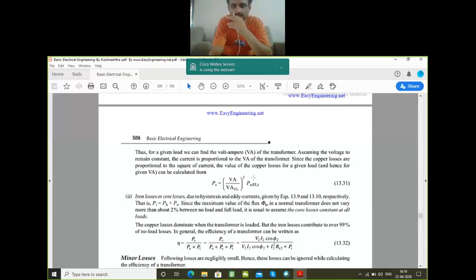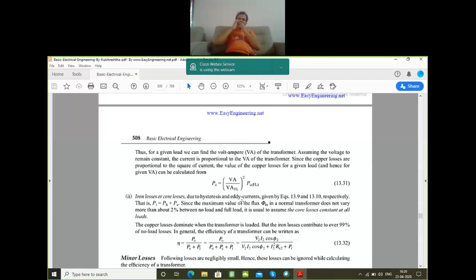Iron losses. Iron losses are losses that occur due to hysteresis and eddy currents. So Pi is equal to Ph plus Pe. Since the maximum value of the flux phi m in a normal transformer does not vary by more than about 2% between no load and full load, it is usually assumed that iron losses are constant.